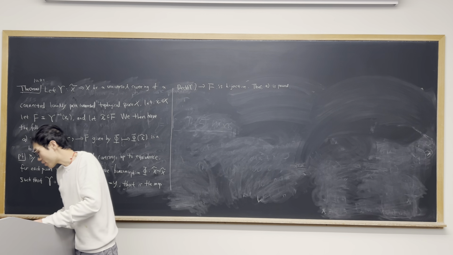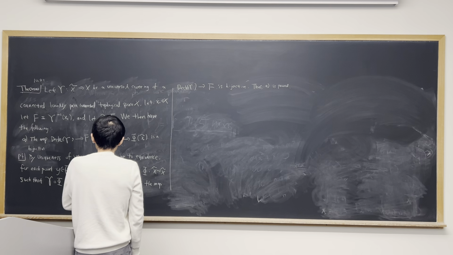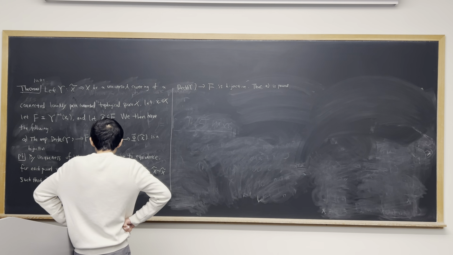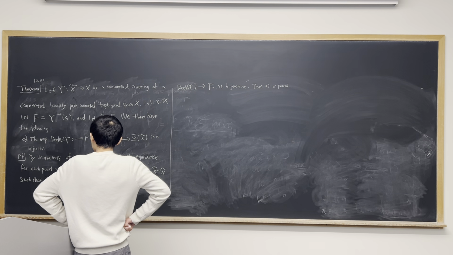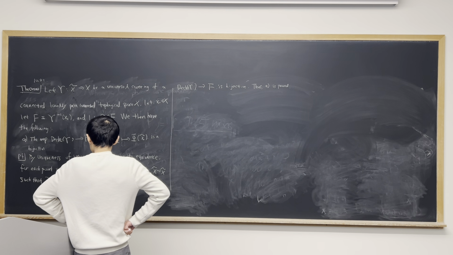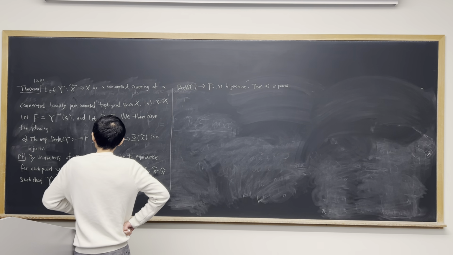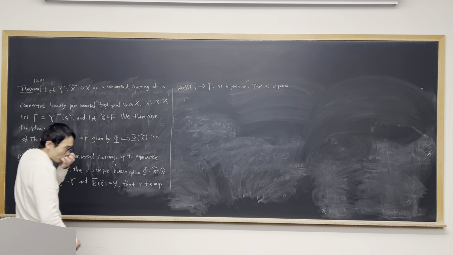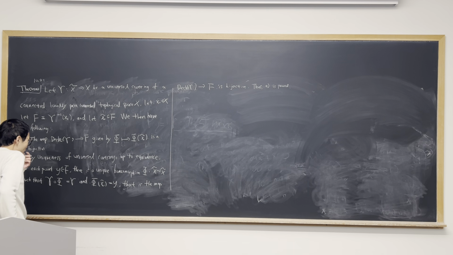Now let's go through this argument. By the uniqueness of universal coverings up to equivalence, for each point y in F, there is a unique... Oh, okay, let me think.